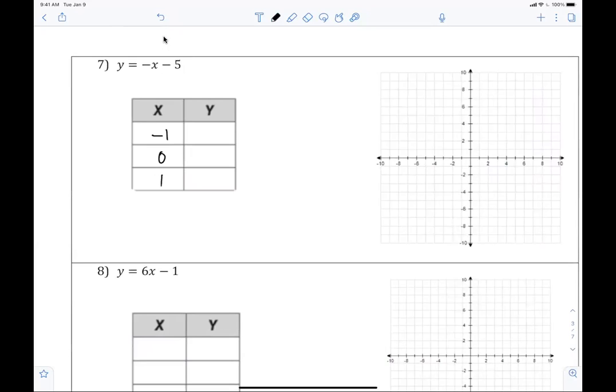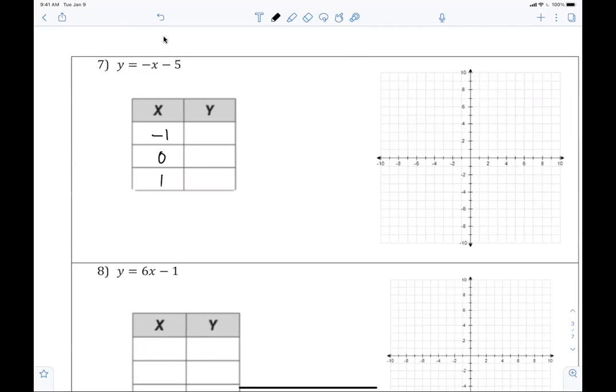Now, does everybody understand there's a difference between negative and minus? If you get a syntax error, that means you have seen negative and minus is different.